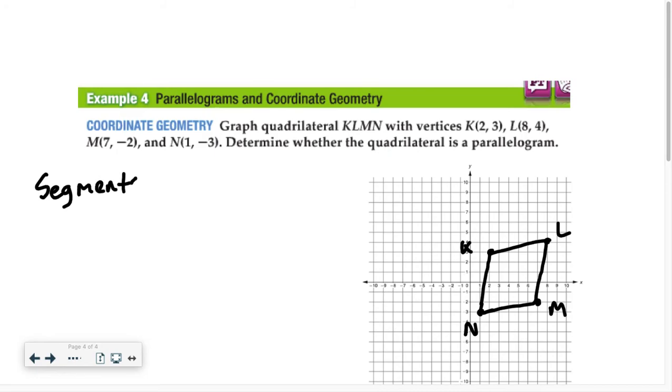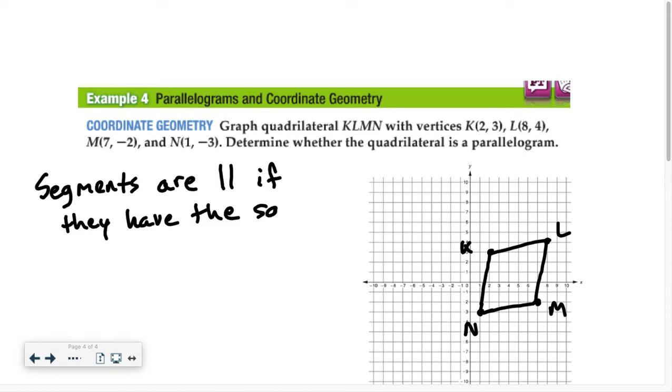This is something we talked about in first semester, segments are parallel if they have the same slope. And definition of a parallelogram, opposite sides are parallel.